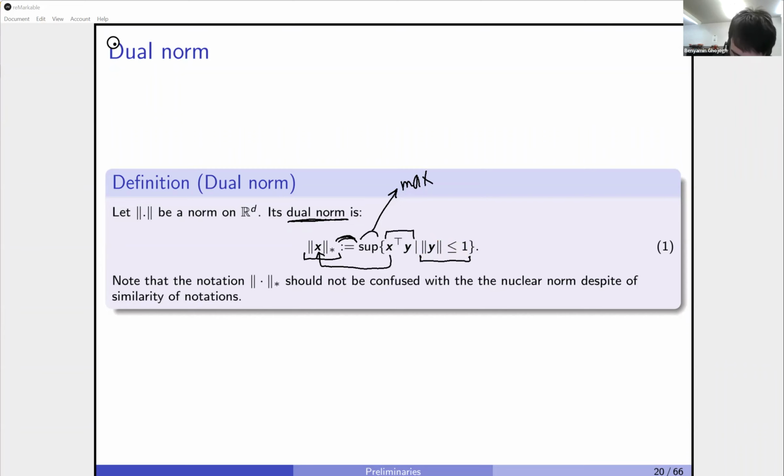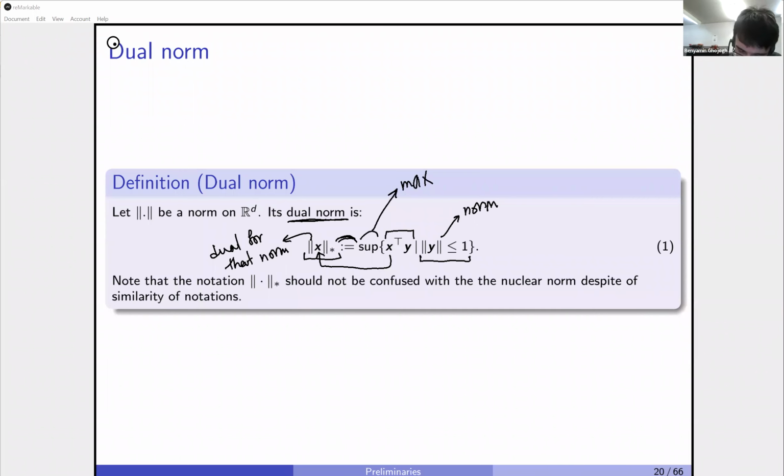So this is the dual for that norm. As you see, the definition of dual norm of course contains the norm itself, because this is a dual norm for this norm. This is the mathematical expression. We will see some examples for dual norm later.